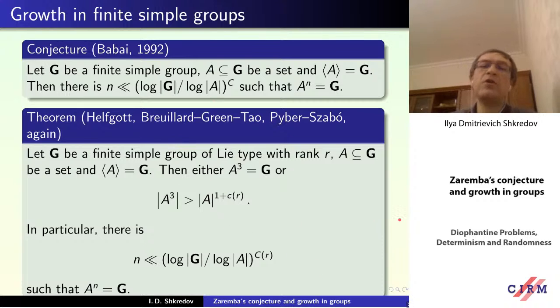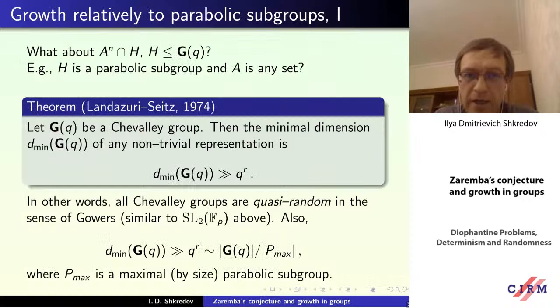Okay, so we know something about growth in Chevalley groups, but in our particular case, one more result. What do we know in general about Chevalley groups? It's a generalization of Frobenius's result about representations.